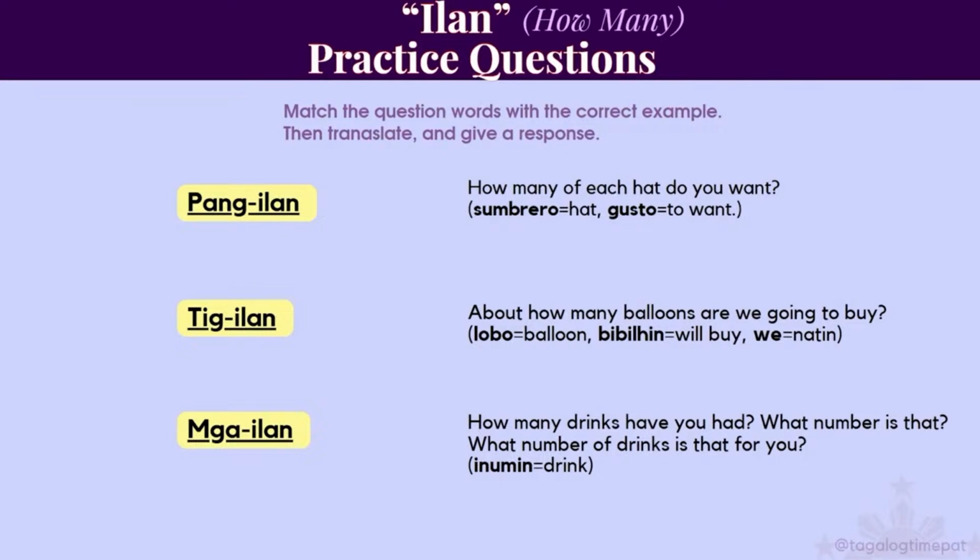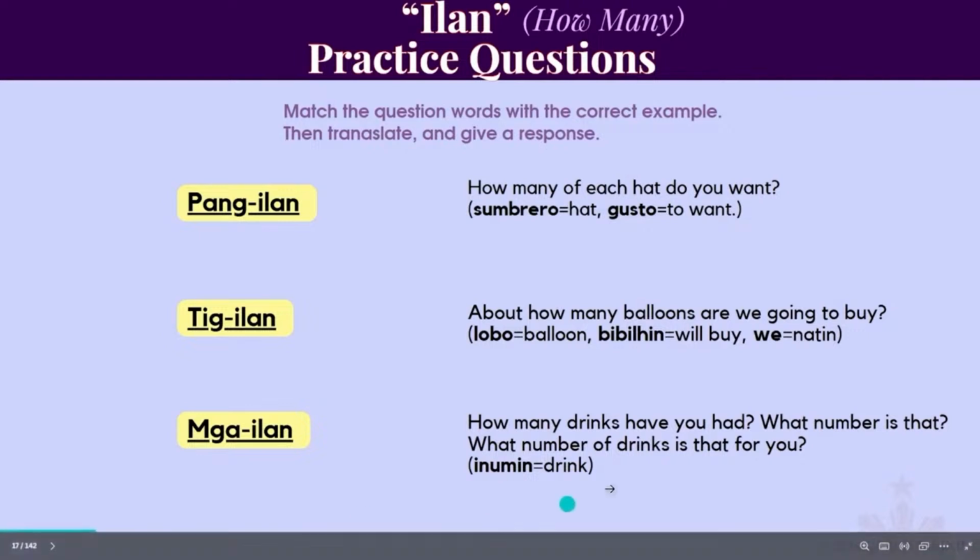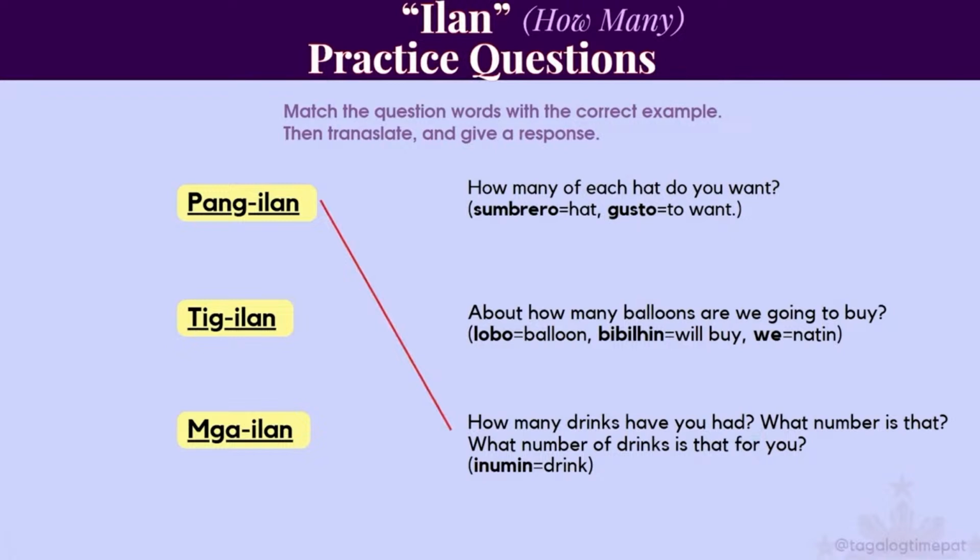Okay, welcome back. This is what the answers would be. Pang ilan goes with this question: how many drinks have you had? What number is that? What number of drinks is that for you? So it's asking about the order of your drinks, basically where you are in your line of drinks.